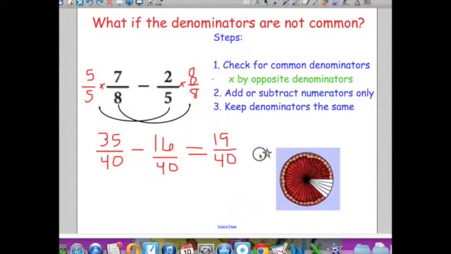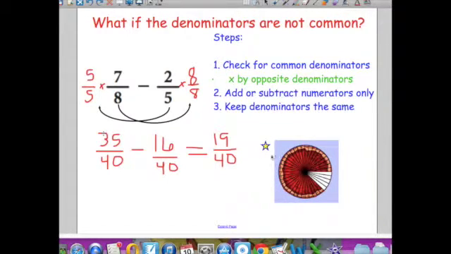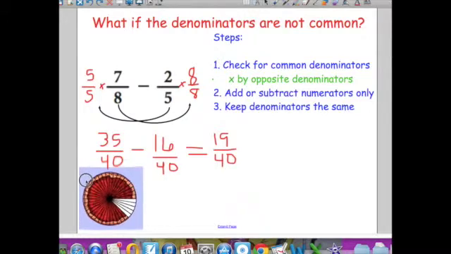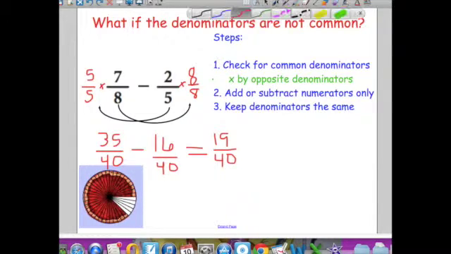Here's a visualization for you. We've got this pizza here, and it's cut into 35 fortieths. So I'll put it underneath it there. Okay? Somebody's going to come in, and they're going to eat minus 16 of those. So I'm going to count 1, 2, 3, 4, 5, 6, 7, 8, 9, 10, 11, 12, 13, 14, 15, 16.